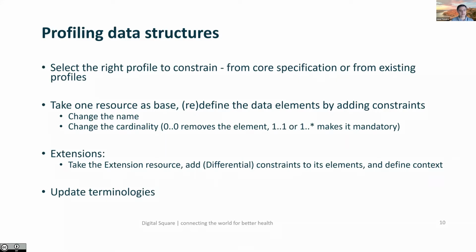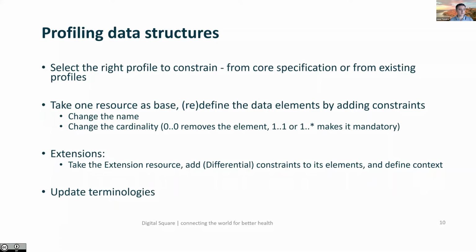As I was just giving the example of the US Core, the first thing is to select the right thing to constrain, the right profile to constrain. We can profile the out-of-the-box FHIR specification for patient, or if I have a national patient profile that already has the national extensions and the national constraints, I don't need to redefine that. I can just profile that one. So I can make an additional specification on top of an existing specification.